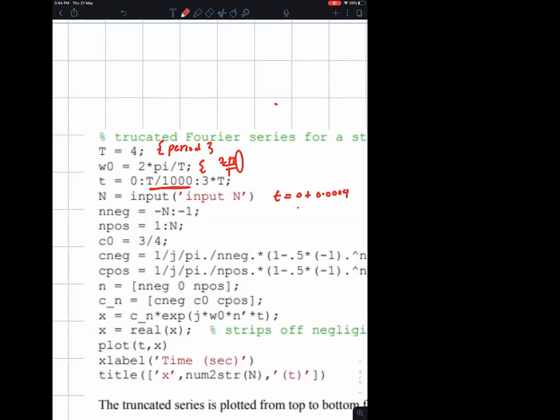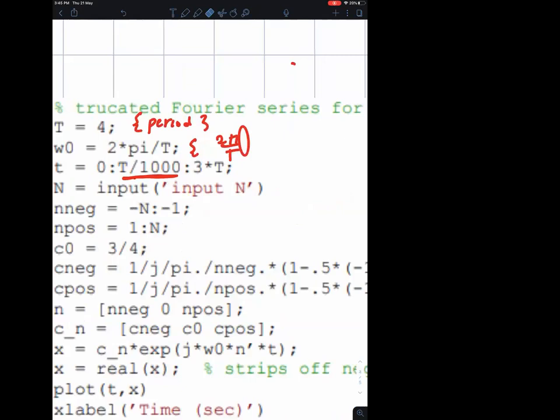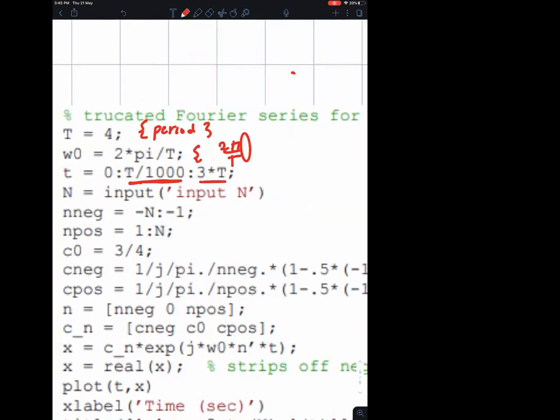Okay, and the next step will be 0.004 plus 0.004, and then the next one will be 0.008. So you keep increasing the step until you reach the endpoint, which is 3 times the period, 3 times 4 in this case.